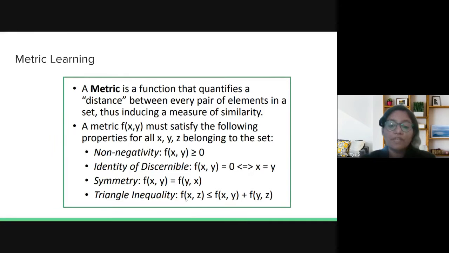That is, f(x,z) is always less than or equal to f(x,y) plus f(y,z). So metrics have been studied by scientists theoretically and practically in many situations. And these kinds of properties from linear algebra give us a nice sort of boundary to what we are trying to learn.